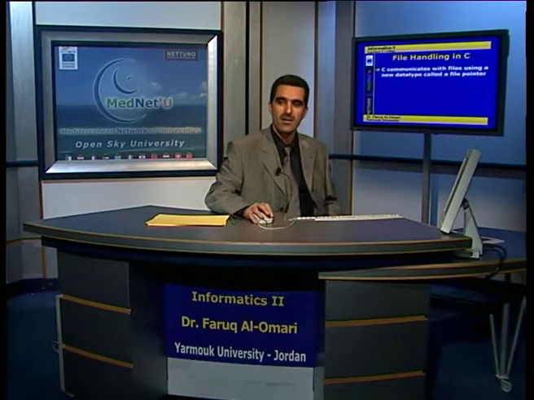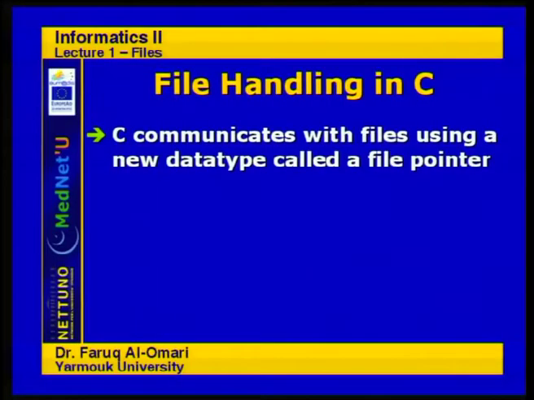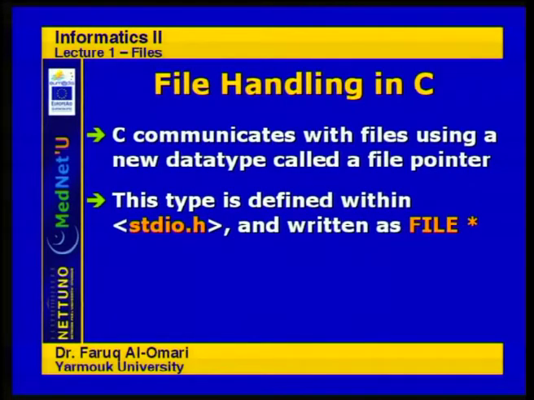Handling files in C. The C language communicates with files using a new data type called a file pointer. We're going to talk about pointers later on in detail, but for this particular file pointer, it's part of the stdio.h library, so when we start, we have to include it.